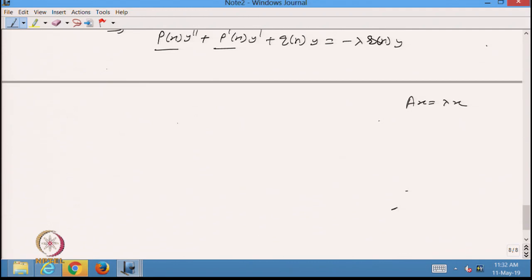So x transpose Ay is written as the inner product of x and Ay. This inner product we have defined. Now this becomes equal to y, A transpose x.